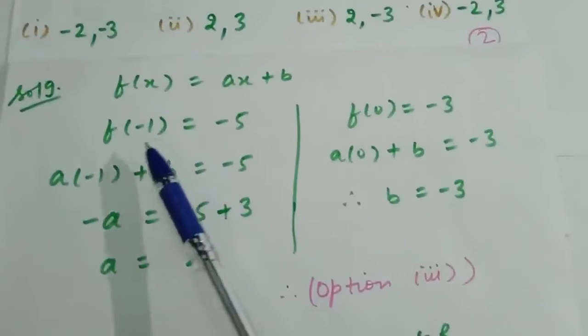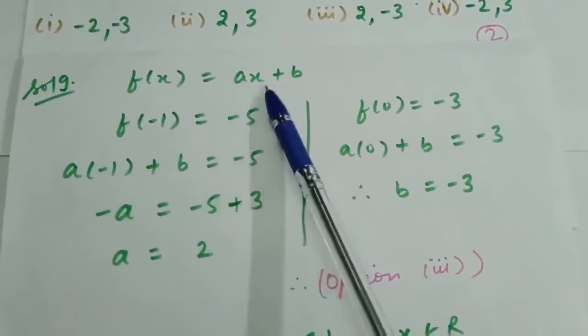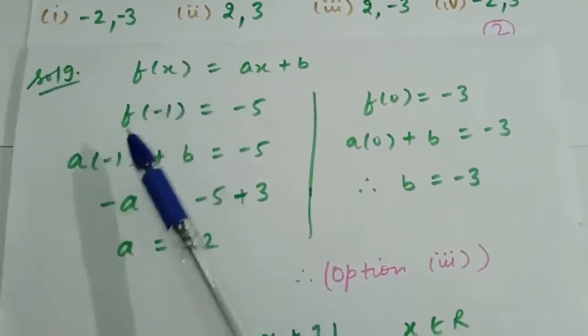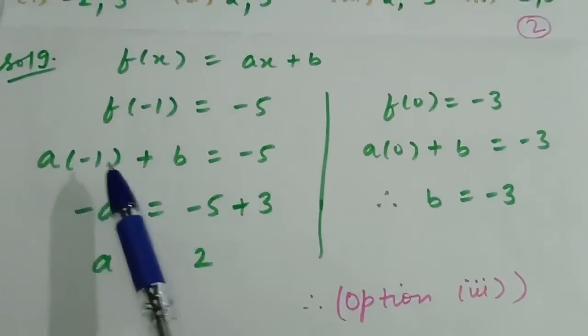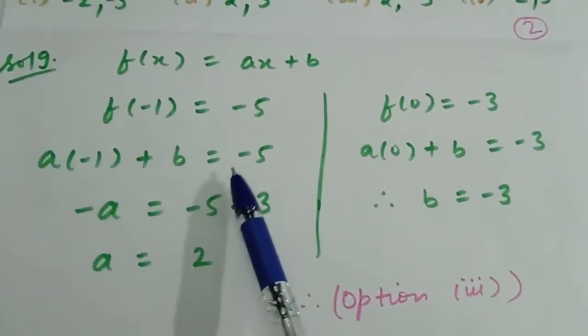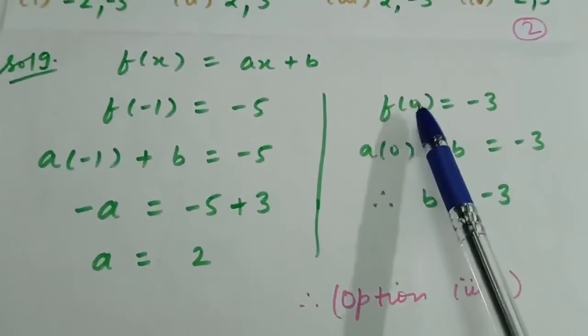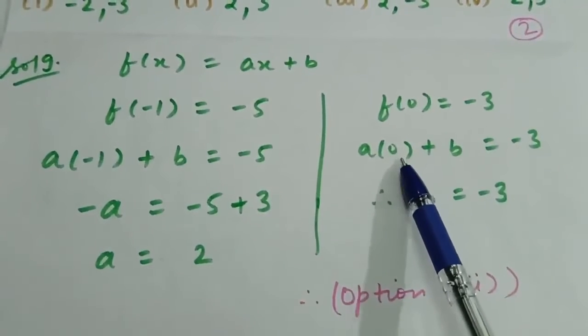So at -1, f(-1) is -5. So f(x) is now ax plus b. So f(-1) will be, in place of x, just put -1. So a into -1 plus b is equal to -5. From here, at 0, the function has value -3. So in place of x, just put 0.